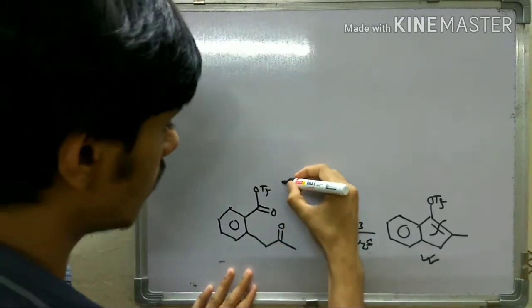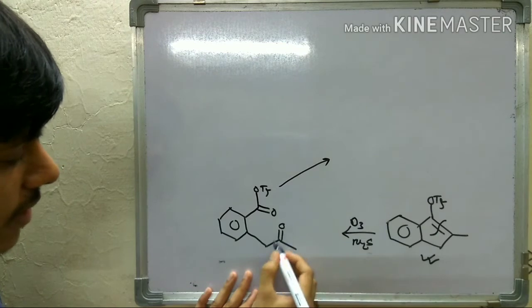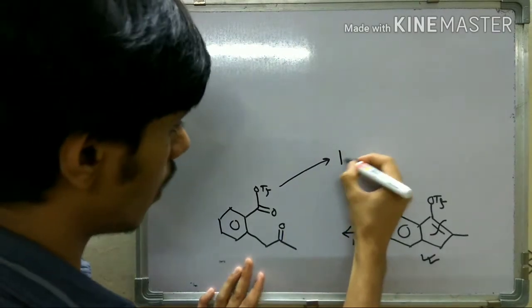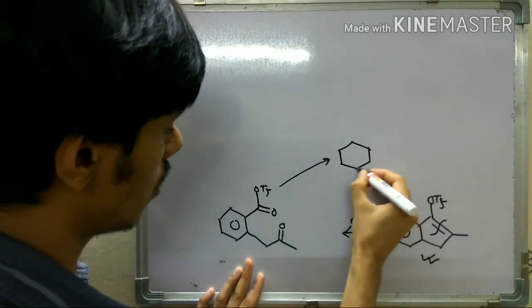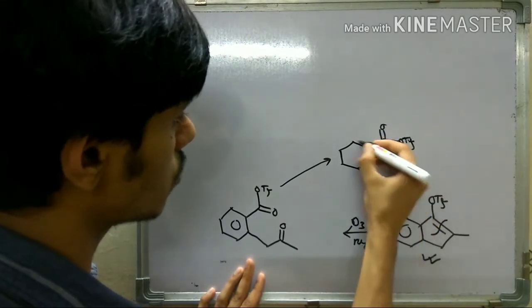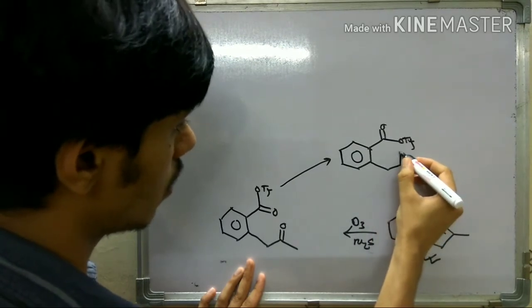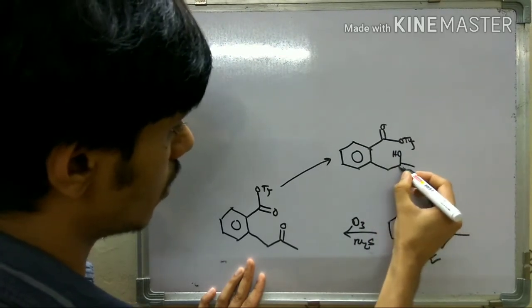Now there is a further reaction: this can undergo enolization to give you this. Here you will have OTF. So here you can have this enol, this OH and this.